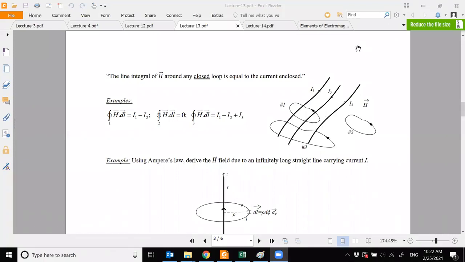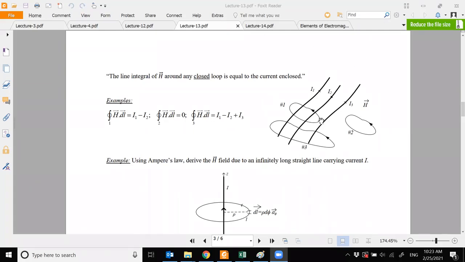And of course, remember why we gave I2 negative and why we gave I1 and I3 positive here. It depends on the closed line integral, how you are integrating.